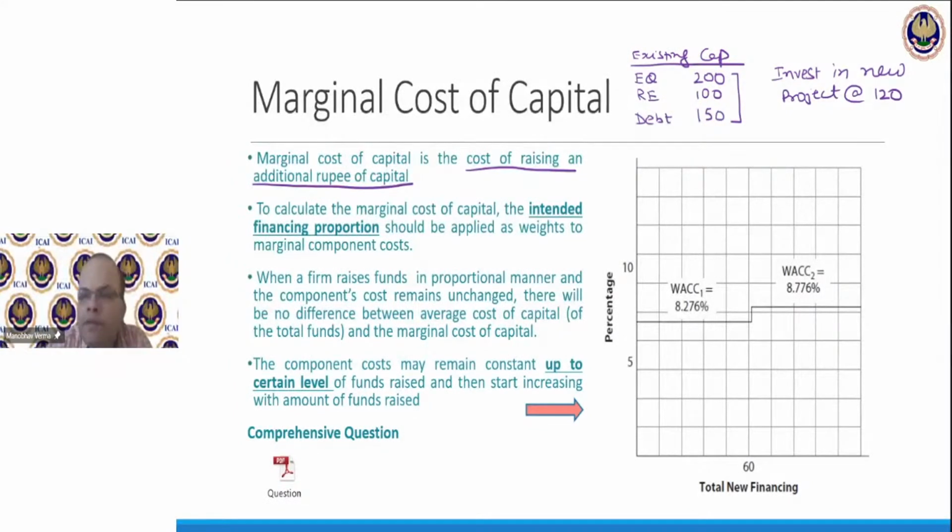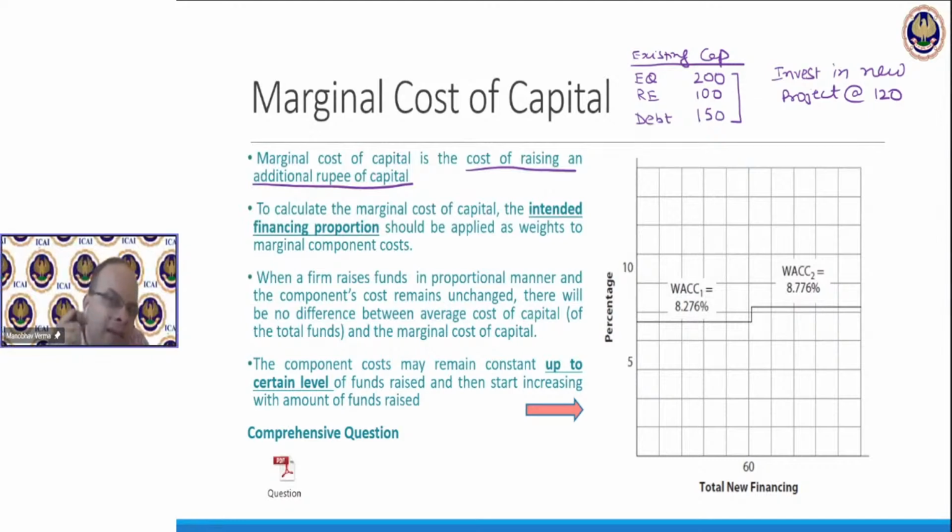However, if the investment is required to a larger extent, you may have to go for additional equity to be raised as well, a new share capital issue. And whenever there is a new share capital issue, we all understand there is a flotation cost.